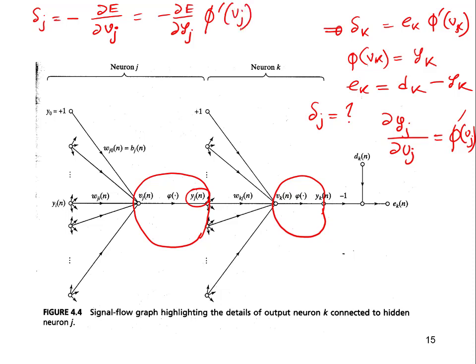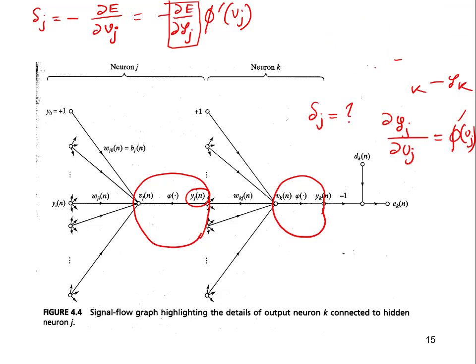Now what we need to compute is the remaining portion, the derivative of E with respect to yj. Let me clear up the screen a little bit, but we need those equations.